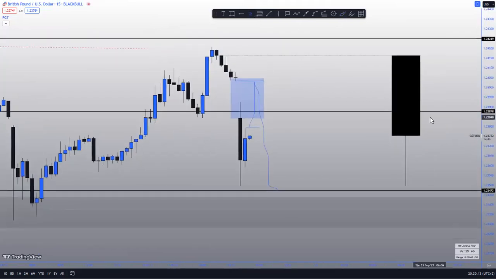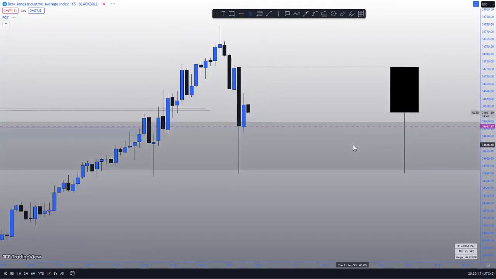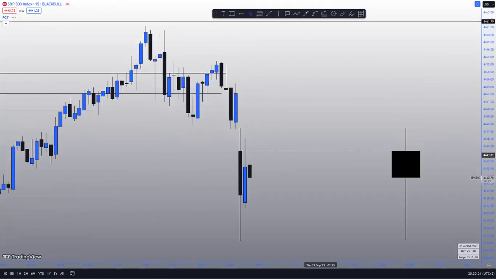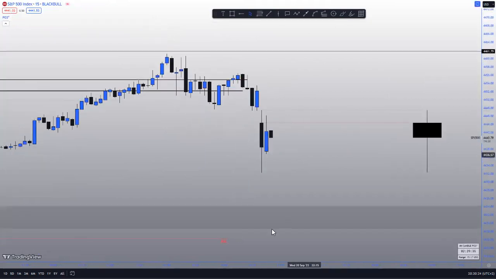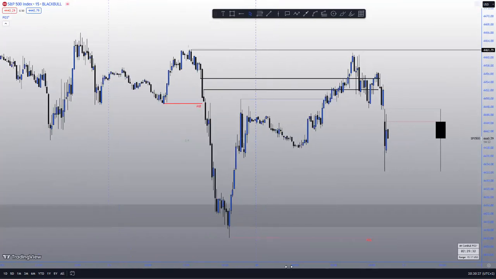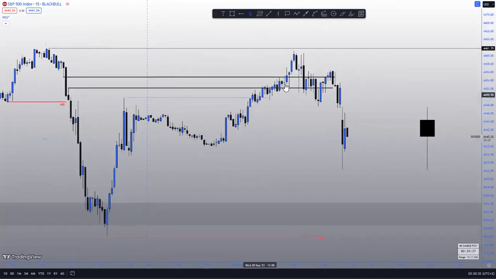So another setup that I sent was this one, which kind of went well. That's this one, right? So where we said we were anticipating price to fill in this gap and then drop to the downside, and then everything is protected above this high, right?